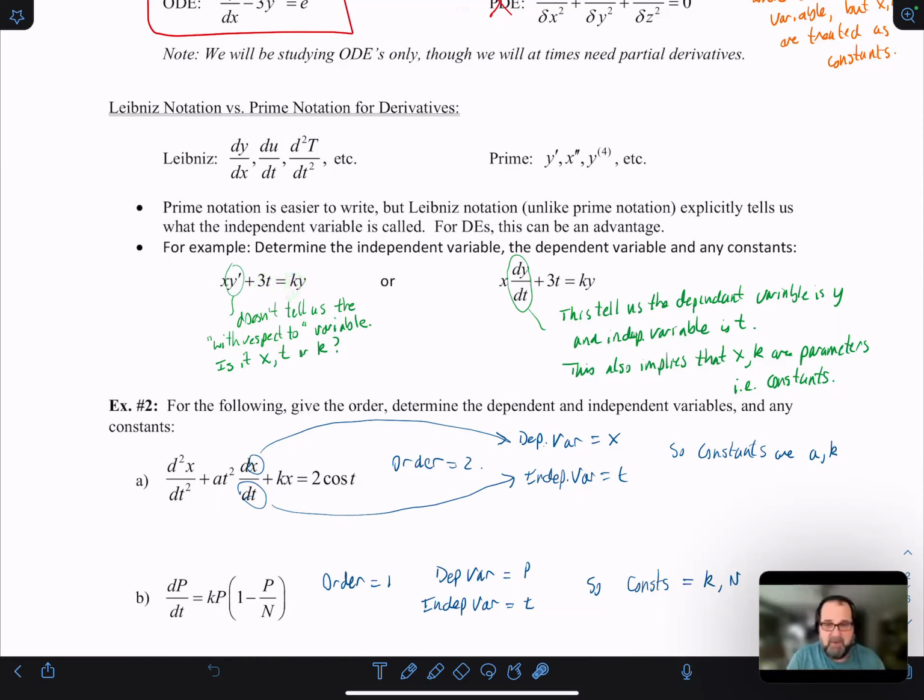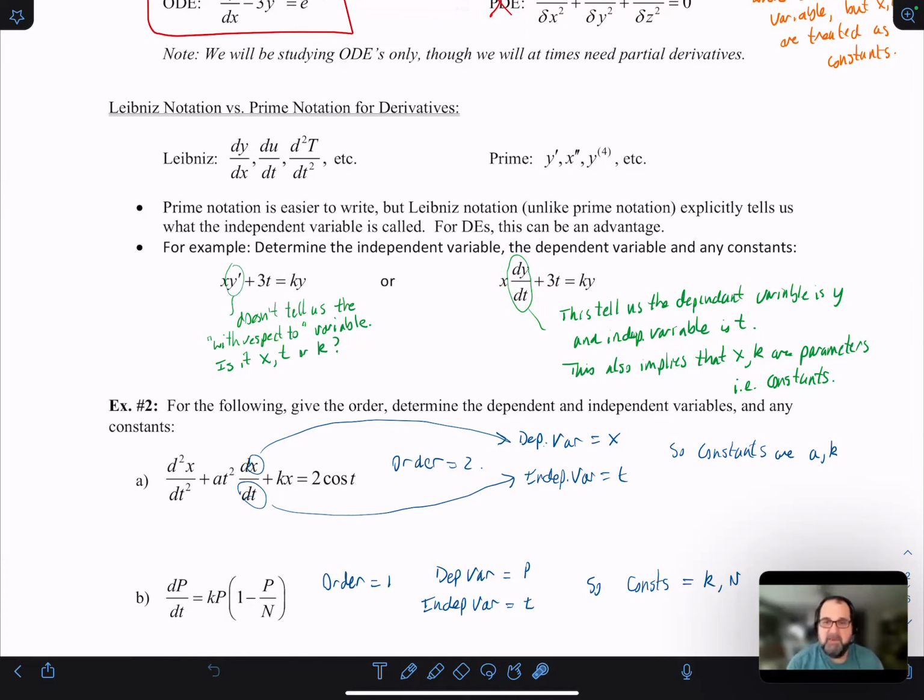How do we know this is not y equals a function of k? And the point with prime notation is nothing about prime notation tells you which letter here is playing the role of independent variable. In Leibniz notation, however, we are being told it says dy dt.